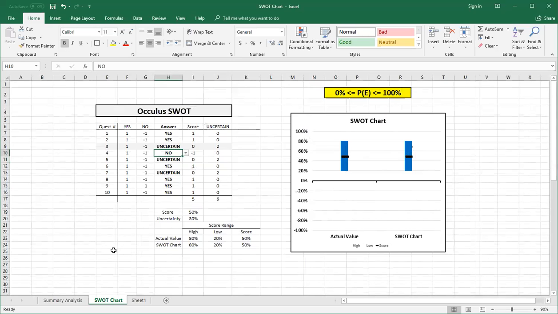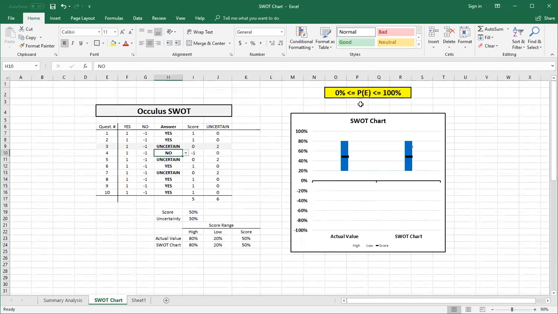Now, you'll notice that here, the score is right in the middle. But what I want to show you is something called the edge effect. I have here actual value and SWOT value. And you notice the scale here goes from plus 100% to minus 100%. But I want to point out this particular formula right here. What we're talking about here in probability is the probability of an event happening.